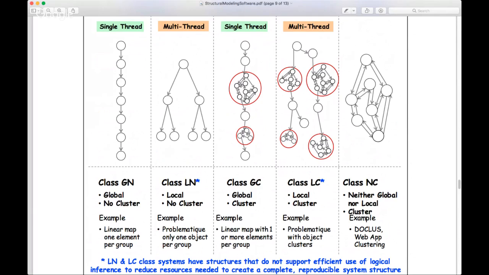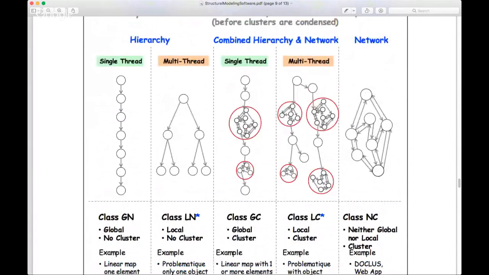Those are all related to the global. Total order, I guess, is the general case, or the preferred name. So there's a total order, and in your multi-thread, there's a partial order.